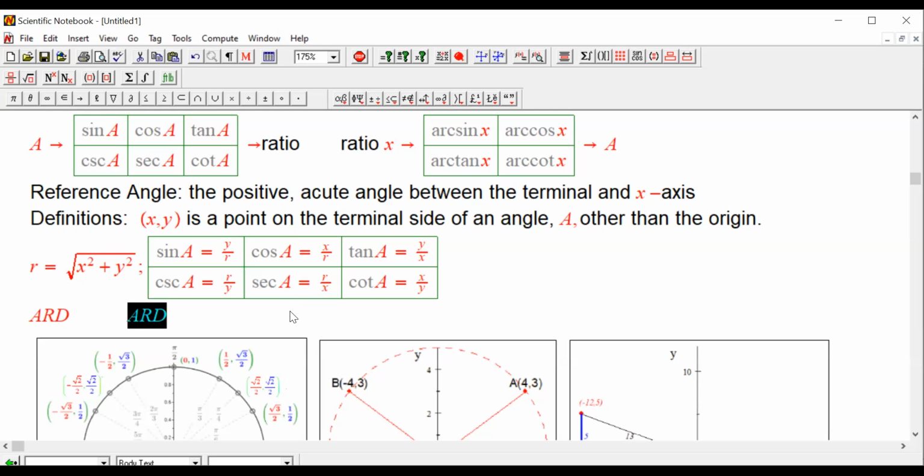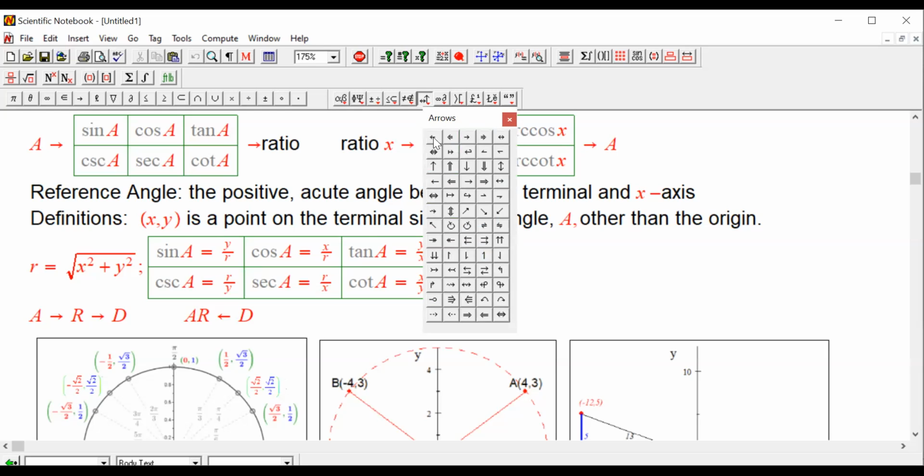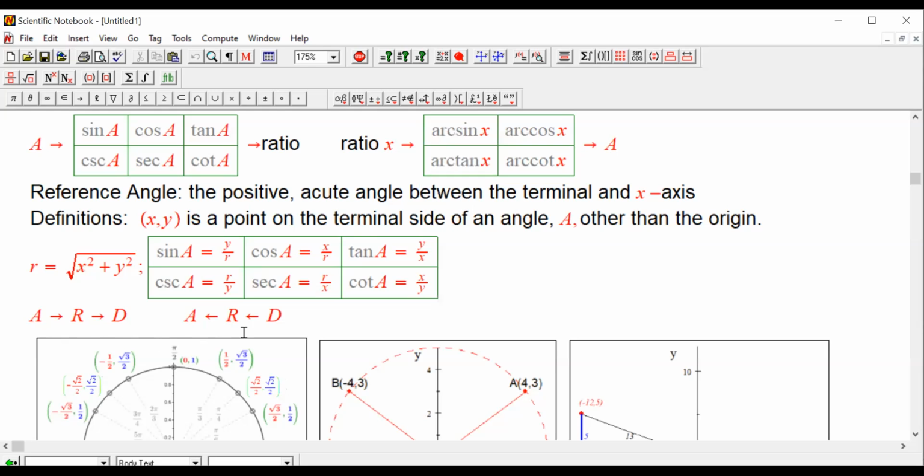All the questions you're going to see are either from A to D or D to A. In this life of ours, all the questions about trigonometry will be either A to D or D to A, right?